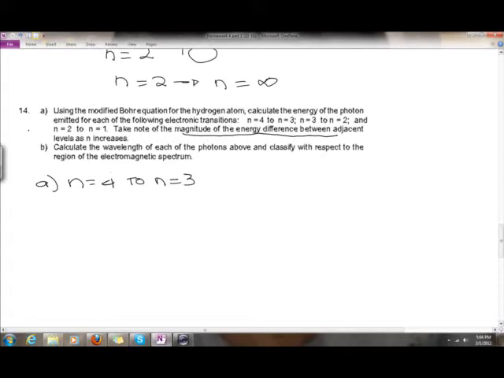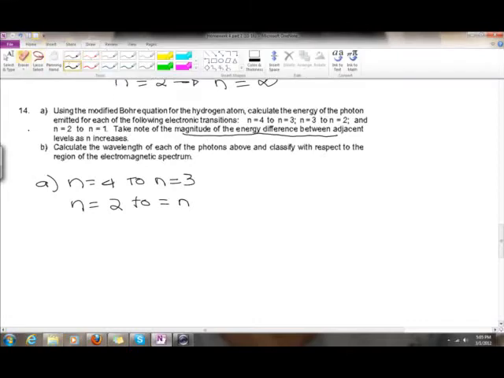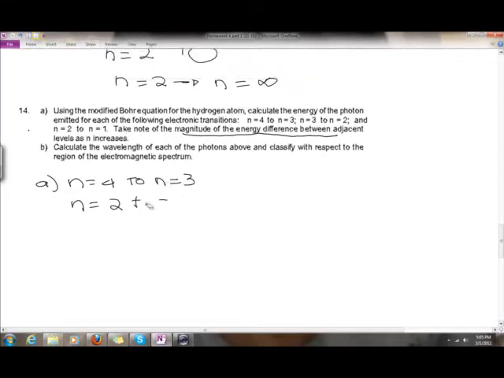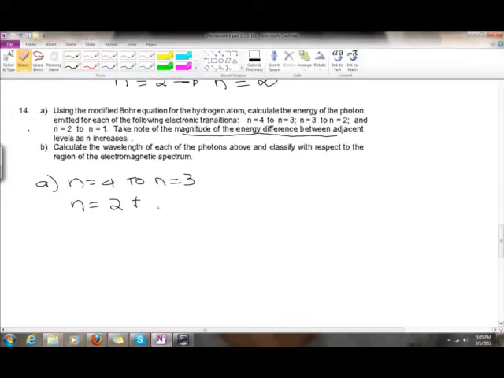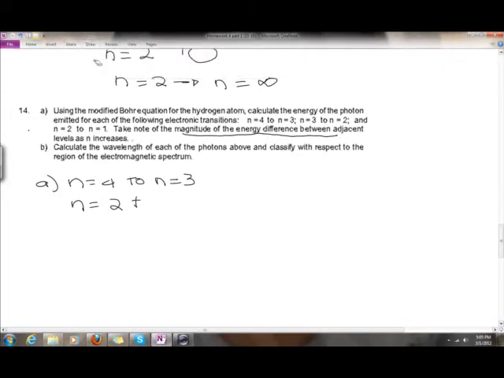What's going to happen with the energy when the electron goes from 4 down to the 3 level, or from N equal 2 to N equal 1?